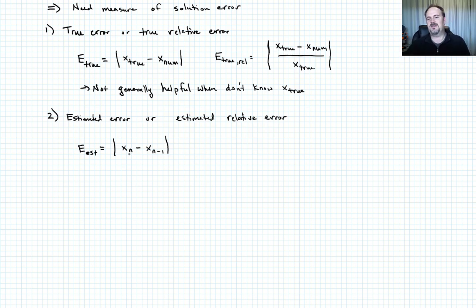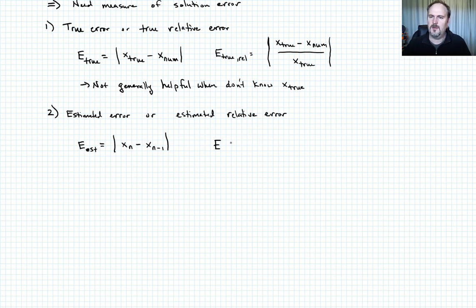So it's basically asking how far apart are our sequential answers as we iterate. The relative estimated error is, as you would expect, the magnitude of x n minus x n minus 1 divided by x n minus 1. So that gives you some measure of the relative error.